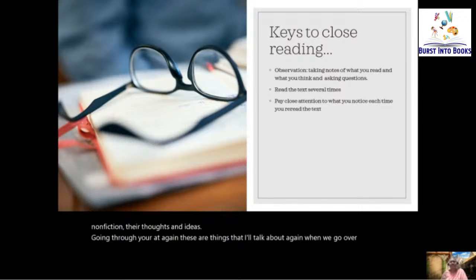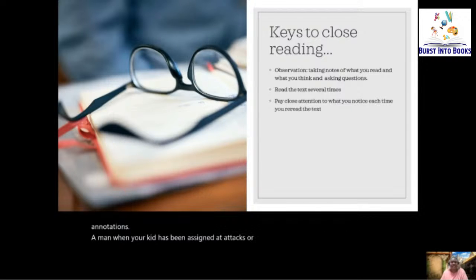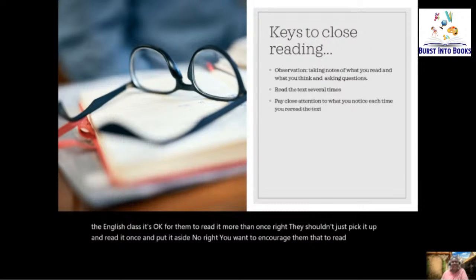And then when your kid has been assigned a text, a reading for their social studies class or for their English class, it's okay for them to read it more than once, right? They shouldn't just pick it up and read it once and put it aside. No, right? You want to encourage them to read it more than once.